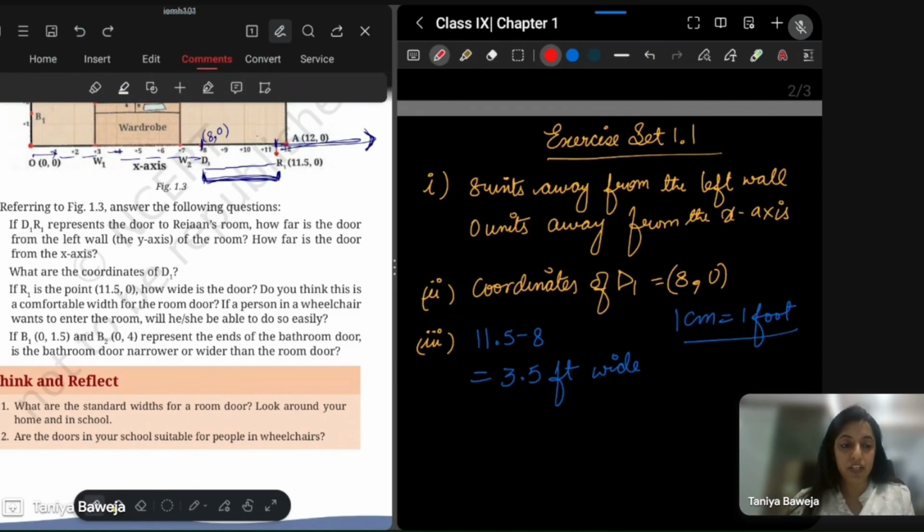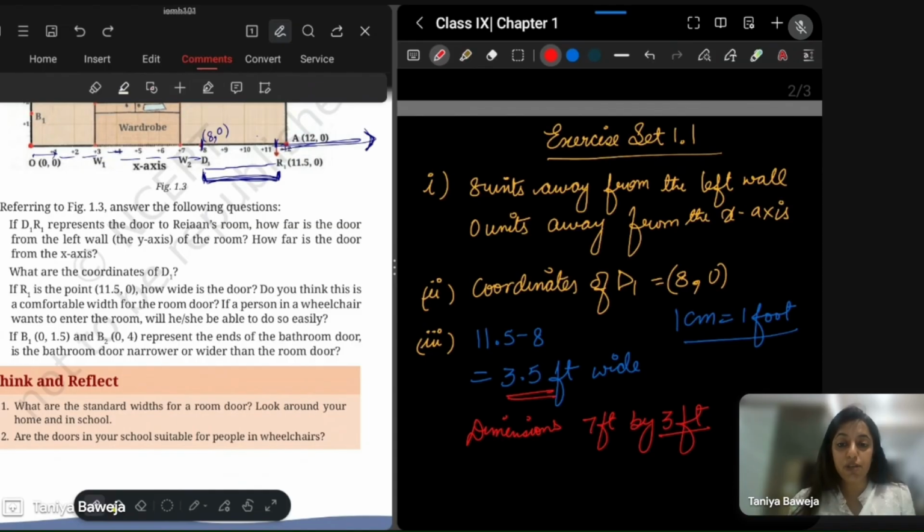If we talk about the dimensions of a basic room, the general dimensions of a door are generally 7 feet by 3 feet, and this is 3.5 feet, so it is already broader. Is it a comfortable width? Yes, because here it was 3 feet and here the width is 3.5 feet, which is fine. If a person in a wheelchair wants to enter the room, now there can be any kind of person who wants to enter the room, right?